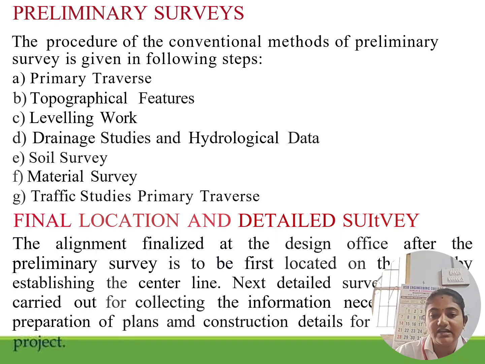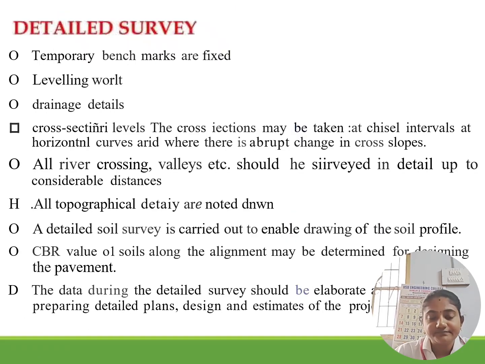Final location and detailed survey. First the location should be designed, and then the center line is established, and the information is collected and plans prepared and given to the project. Detailed survey: in this, temporary benchmarks are fixed and the leveling work, drainage details, everything should be covered.